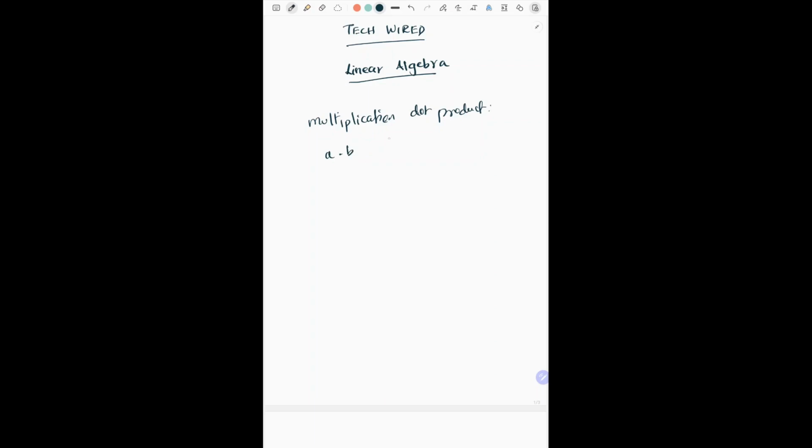In order to multiply two vectors, here A and B are vectors. A vector is typically n-dimensional, as I said before. So we can write A as A1, A2 till An, which is 1 cross n, and B as B1, B2 till Bn, 1 cross n.